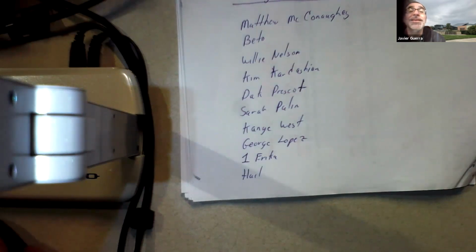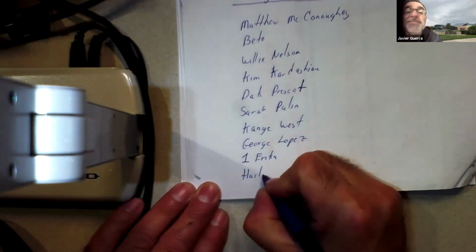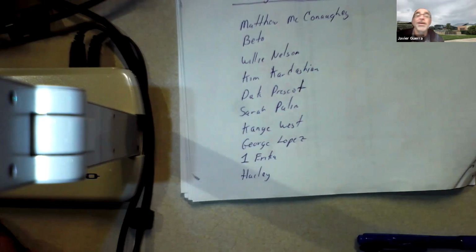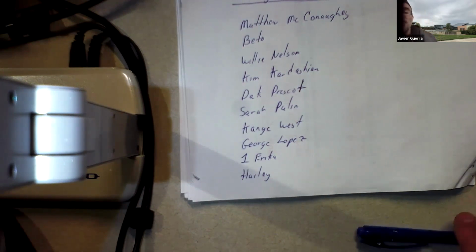For Haley. There we go. All right, so who are we gonna vote for? Here we go. All right, hey. Mum's the word, right? We'll make it anonymous, right? Who are we gonna vote for?